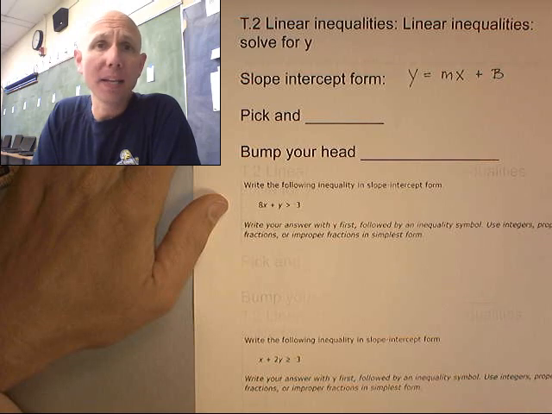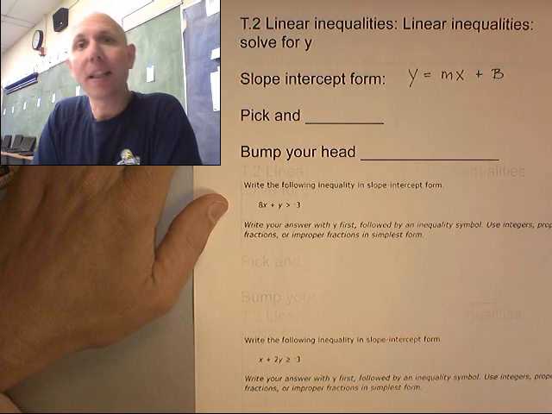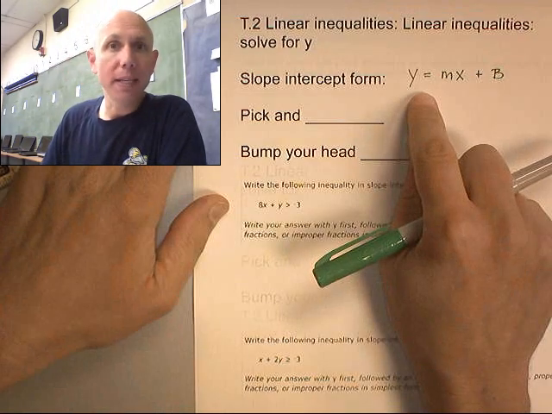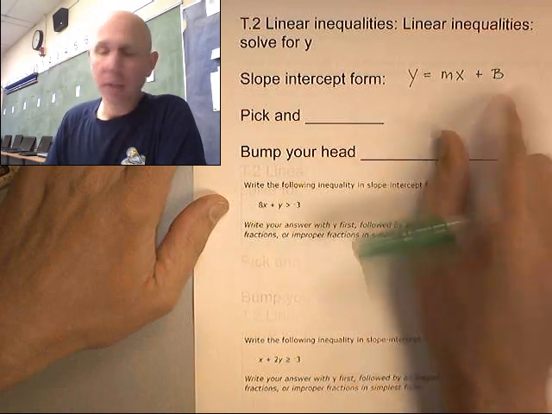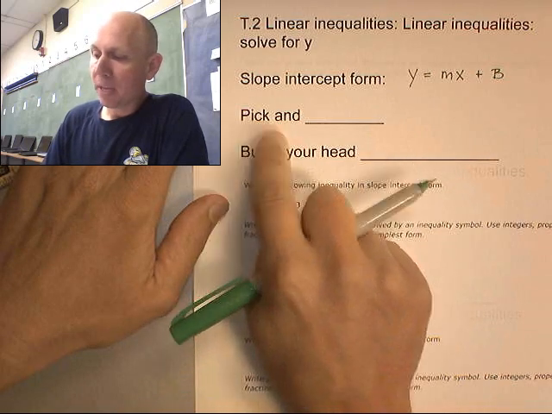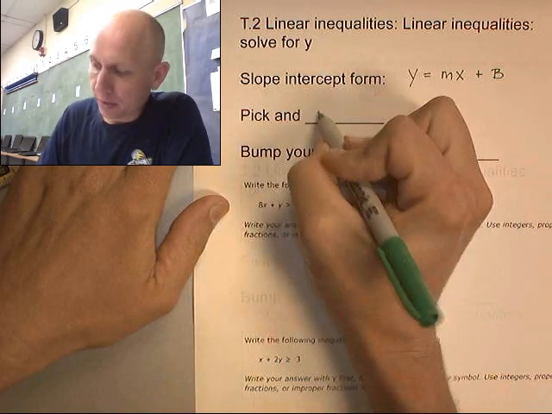The problem is sometimes we're given equations that are not in that form, and we want to put them into this form. So here's how we're going to do it. We're going to be doing some picking and dropping.